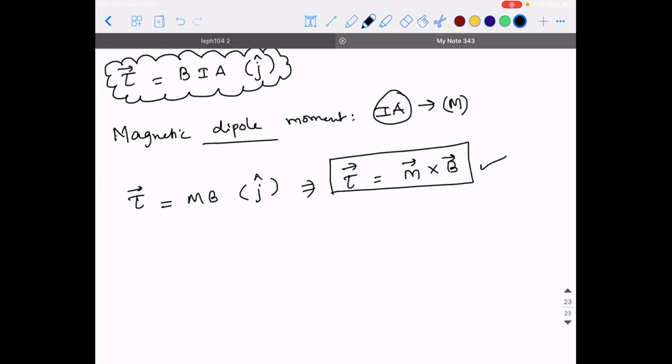Is this not something similar to P vector cross E vector? Instead of P, you have M. Instead of E, you have B. That's it.